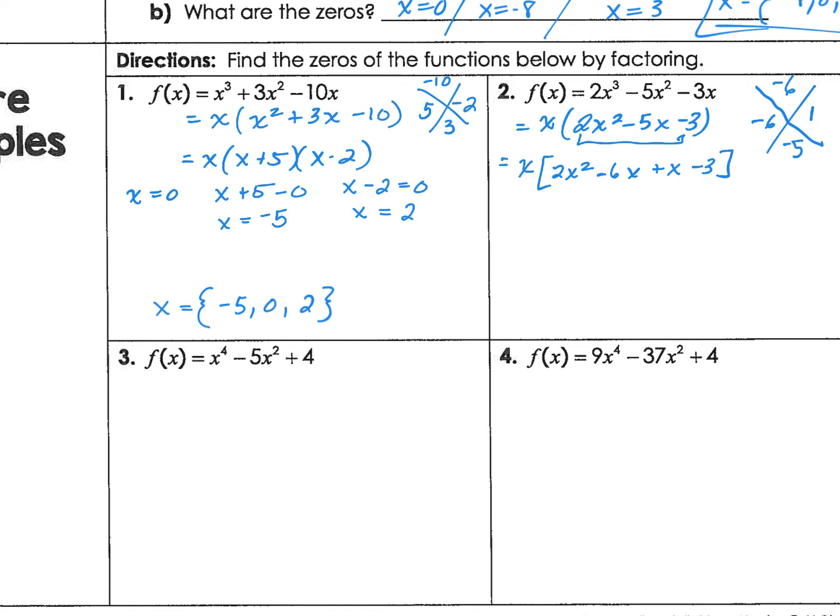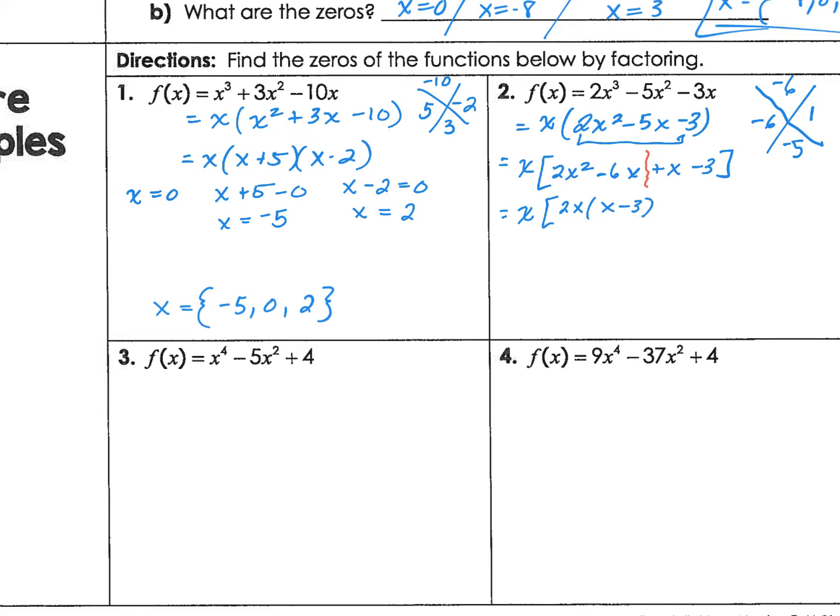Now what? Separate them into two groups. Remember, we're going to go right down the middle, aren't we? So what can factor out of the first two? All right, so we have 2x, and this ends up as x minus 3, doesn't it?